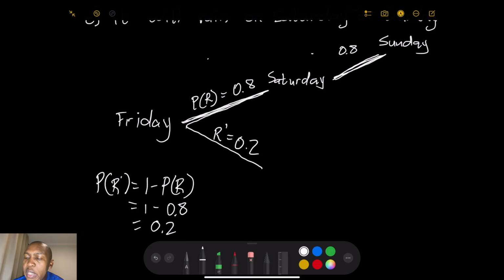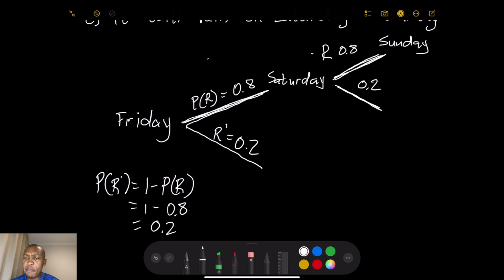So what are the chances that it will not rain on a Sunday? So that would be, in this case, 0.2. Okay. So that would be the possibilities of it not raining on a Sunday. That would be 0.2. So this would be R again.